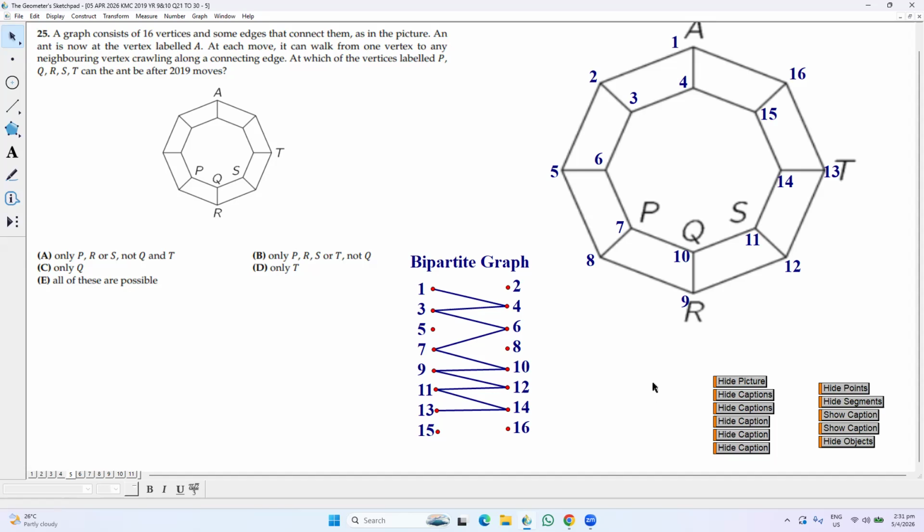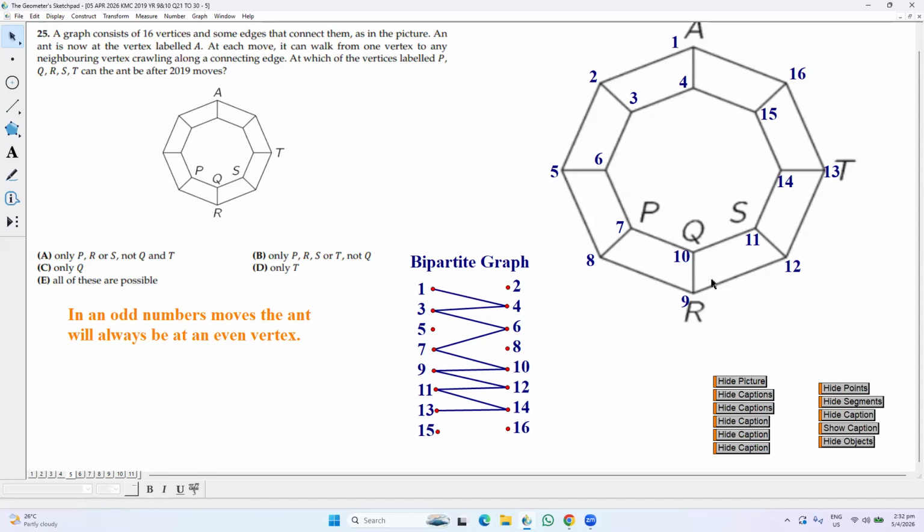So you notice that if the number of moves is odd, then it will land on an even number. 1 move, 2 moves, 3 moves. 3 moves become even number 6. Then 4, 5. An odd number of moves will end on an even number. In an odd number of moves, the end will always be at an even vertex. 2019 is odd, so it will be at an even vertex.